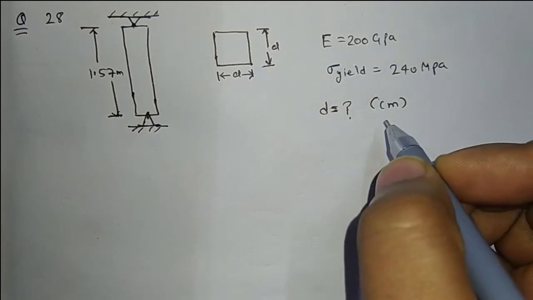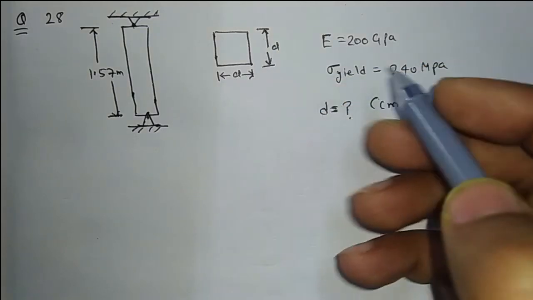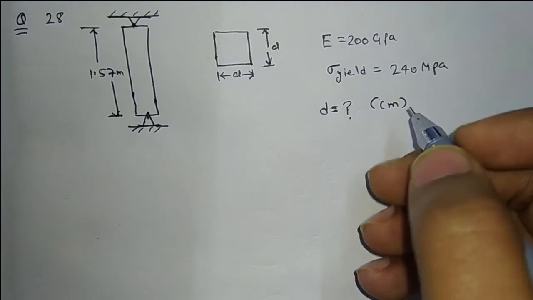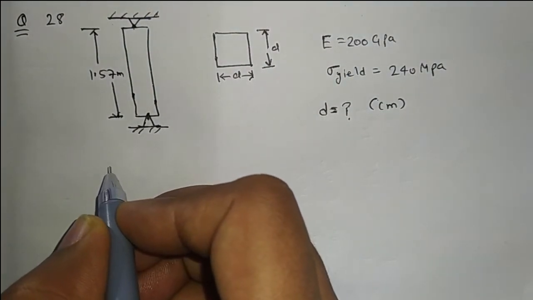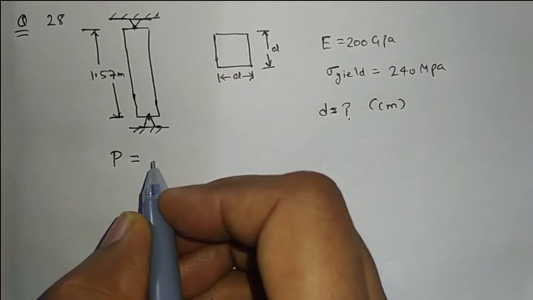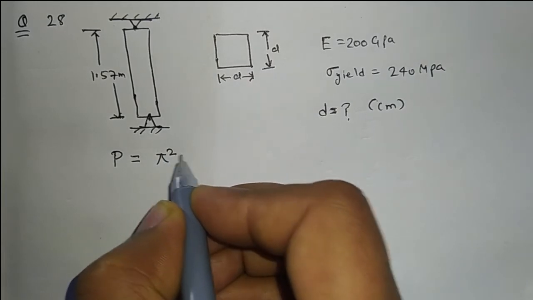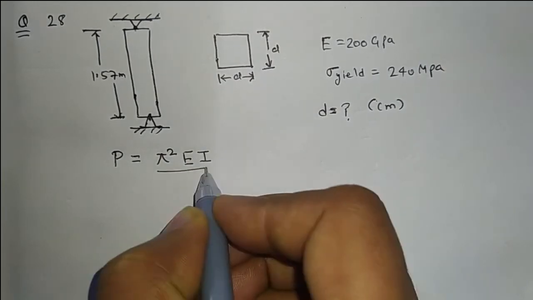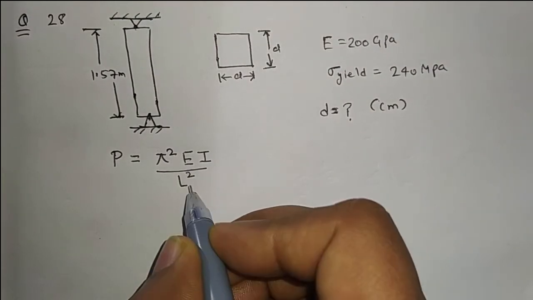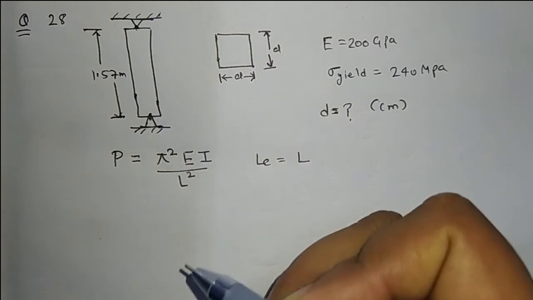We have to find the dimension of this square section in centimeters. As the question already mentions that the column is slender, the Euler buckling load formula is applicable, which is given by pi square EI upon L square. Here the effective length is equal to the length of the column.